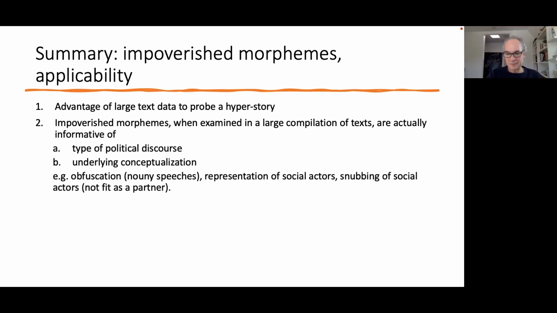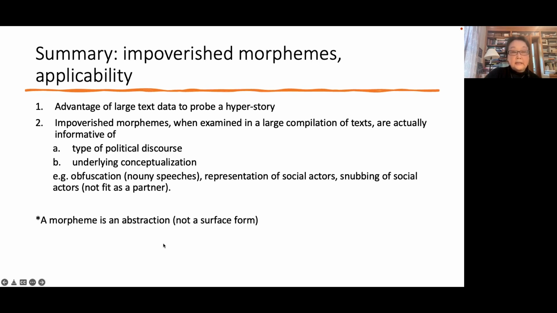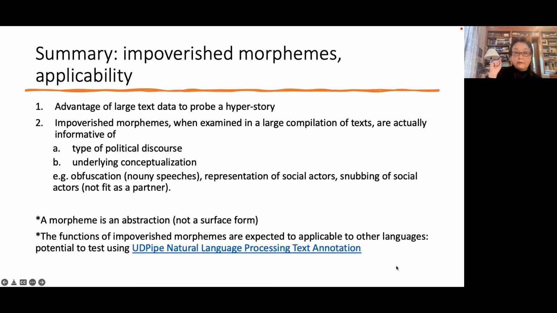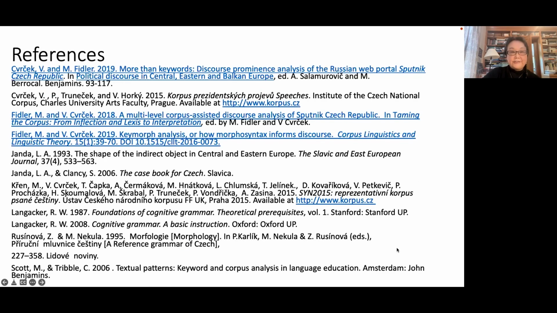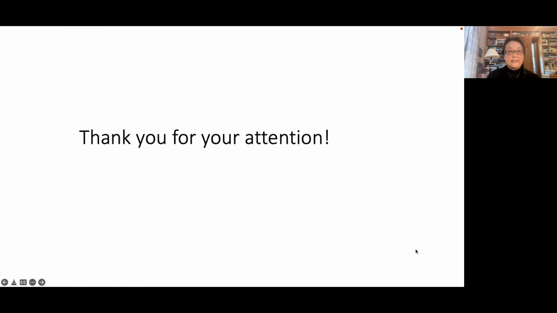The impoverished morphemes indicate type of political discourse and underlying conceptualization. And I wanted to say that a morpheme is an abstraction, not a surface form. And at the same time, I would like to emphasize that impoverished morphemes are expected to be applicable to other languages. So these are references, acknowledgements, and thank you for your attention.